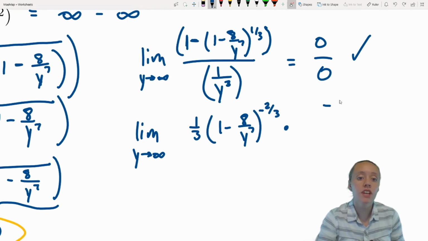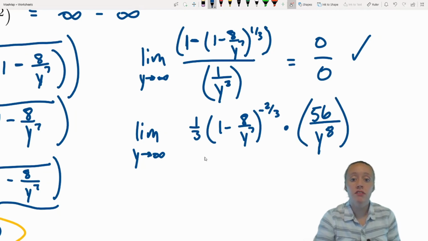What's the derivative of negative 8 y to the negative 7th? That's going to be a positive 56 y to the negative 8. So 56 over y to the 8th. That's the derivative of my numerator.